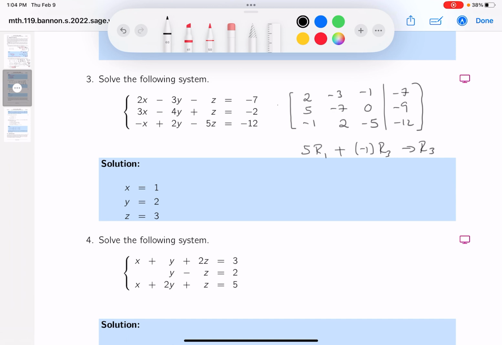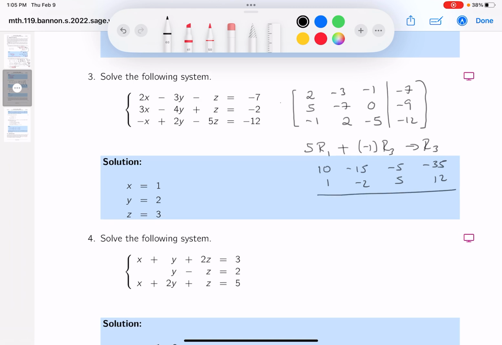All right, let me write that down. So 5 times row 1 is 10, minus 15, minus 5, and minus 35. So 5 times 2 is 10, 5 times minus 3 is minus 15, 5 times minus 1 is minus 5, and 5 times minus 7 is minus 35. And then minus row 3, so it's going to be 1, minus 2, 5, and a 12.